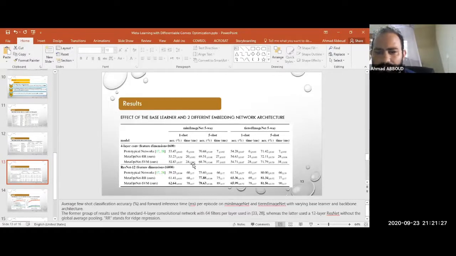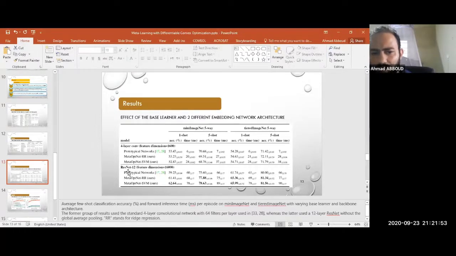So this is on miniImageNet. The result on tieredImageNet is pretty better on the one shot. On the 5 shot, it's the same. However, if we compare those two groups, the ResNet embedding model makes better results.